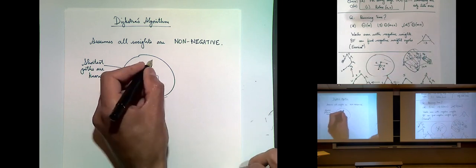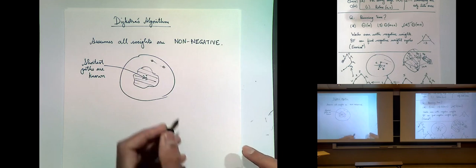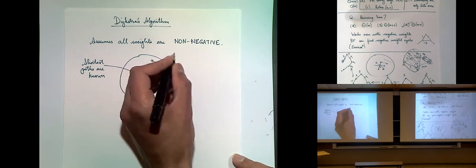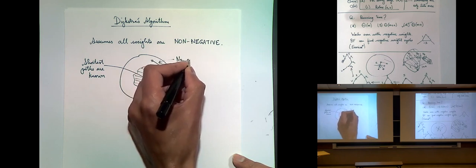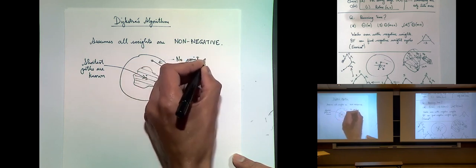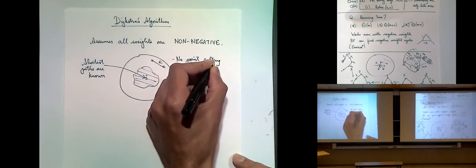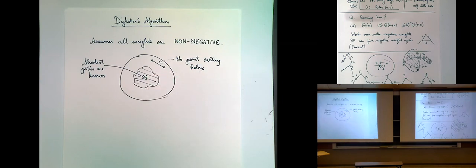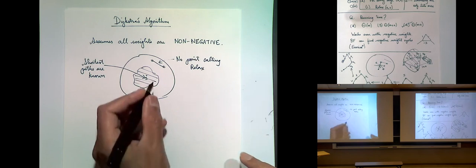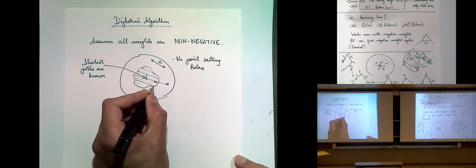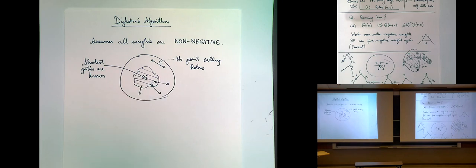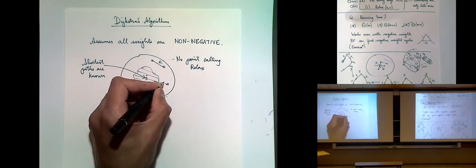Now, it kind of makes sense that if you're outside this region, there's no point calling relax on that edge. That seems useless because you have no information anyway. You should only call relax on these edges. These are the ones that are important.